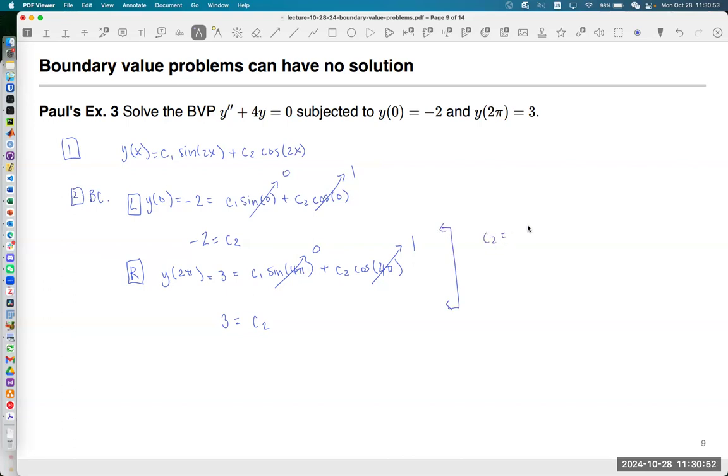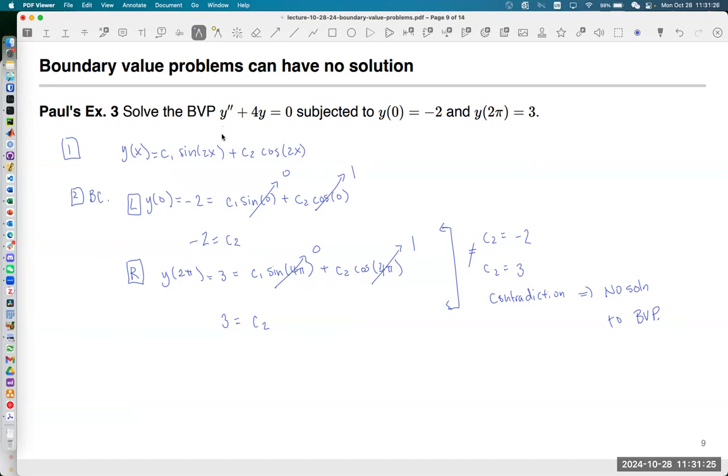So C2 is equal to -2 and C2 equals 3. But that couldn't be true. Because there is a contradiction, this tells us there is no solution to the boundary value problem. Okay. If ever there's a contradiction between the two boundary conditions, it tells us that there will be no solution to such a boundary value problem.